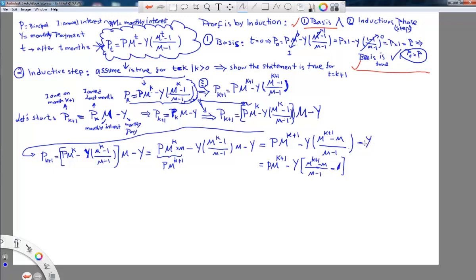When I factor y out, it's y times this guy minus 1, and that's nice to see. Then I carry down the m to the k plus 1, minus y times, and do the common denominator, m minus 1, keeping the first numerator, m to the k plus 1 minus m, minus 1.